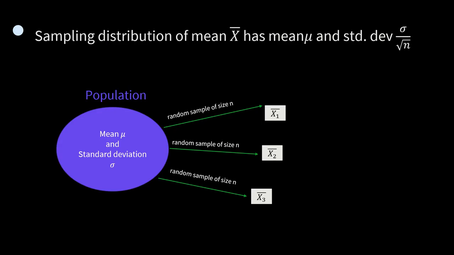And this new distribution of mean x bar will have mean mu, and the standard deviation will be sigma by square root of n, and this distribution will be normal. This is explained by a theorem called central limit theorem.